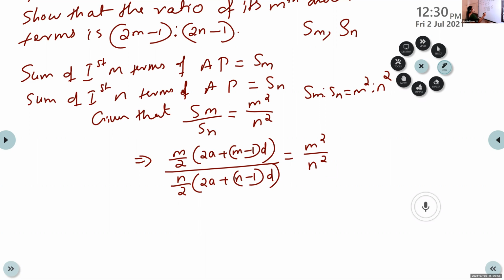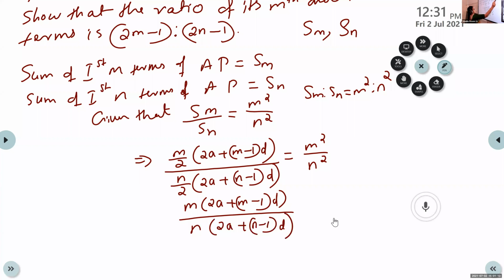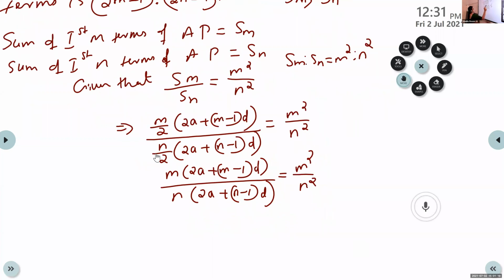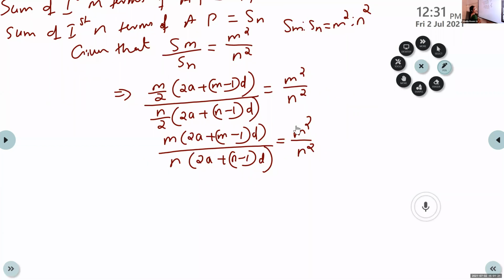So m into 2a plus m minus 1 into d, over n into 2a plus n minus 1 into d, equal to m square by n square. Here also we can cancel m from the right side and left side, and n also.